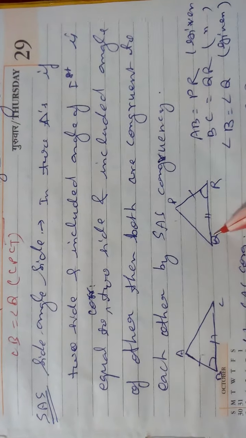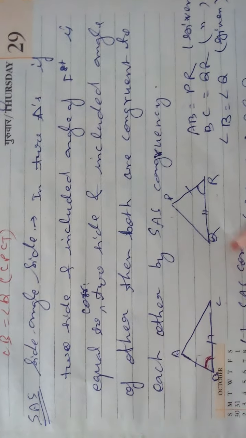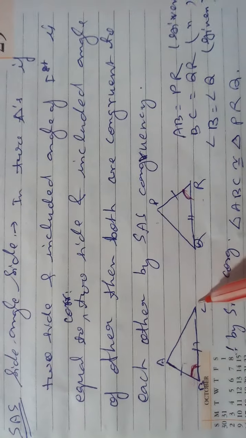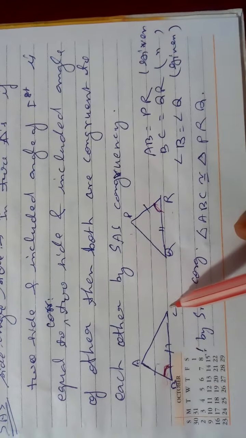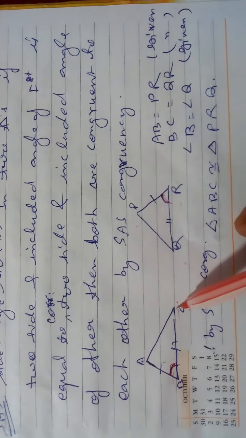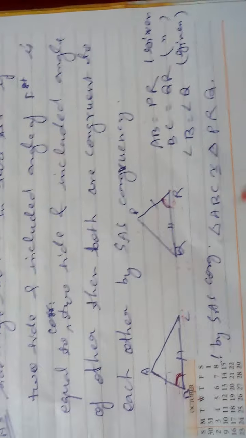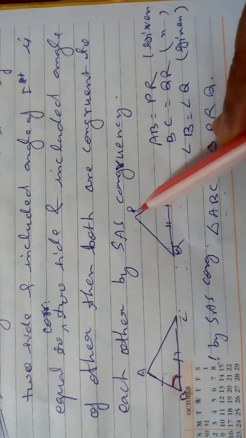AB equals PQ, BC equals QR, angle B is the included angle, where both meet. But here ABC is not congruent to PQR because B is not equal to Q. What is equal? AB equals PR. So your name will be triangle ABC congruent to PRQ.